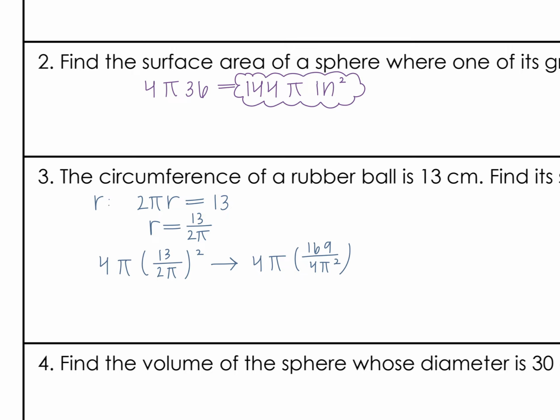Okay, and so I'm going to rewrite this to show what's going to happen when I multiply. We're going to have that 4 pi in the numerator with that 169 over 4 pi squared. Okay, so here I'm seeing the pi's and the 4's in common, so I'm going to cancel out.